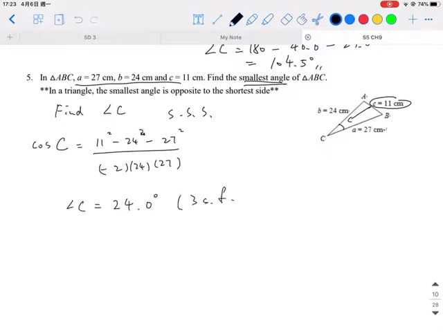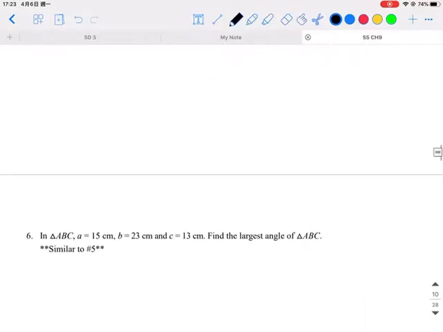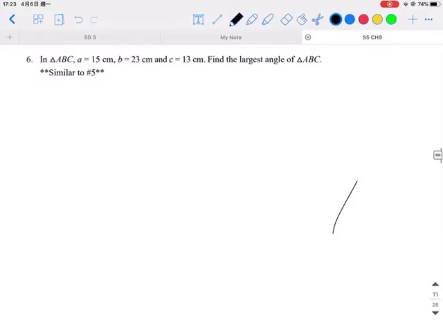3 significant figures. Okay, and the last one, question number 6, is just the opposite of question number 5: the largest angle. So that means we need to find the longest side, which is b. That means we find angle B, right?